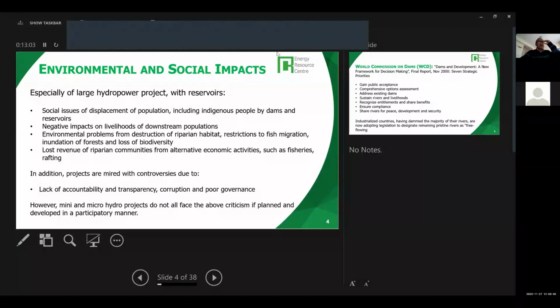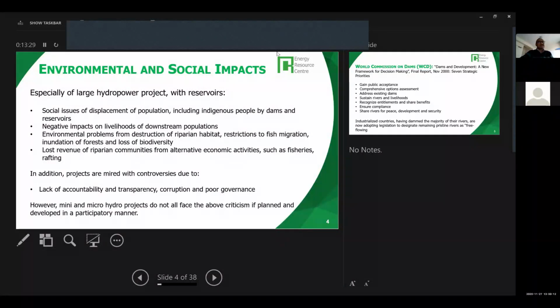And also it can have environmental problems of destruction of riparian habitat. The aquatic life, the fish, the other aquatic lives that depend on the river will face problems. So, for example, breeding areas of fish may be disturbed.